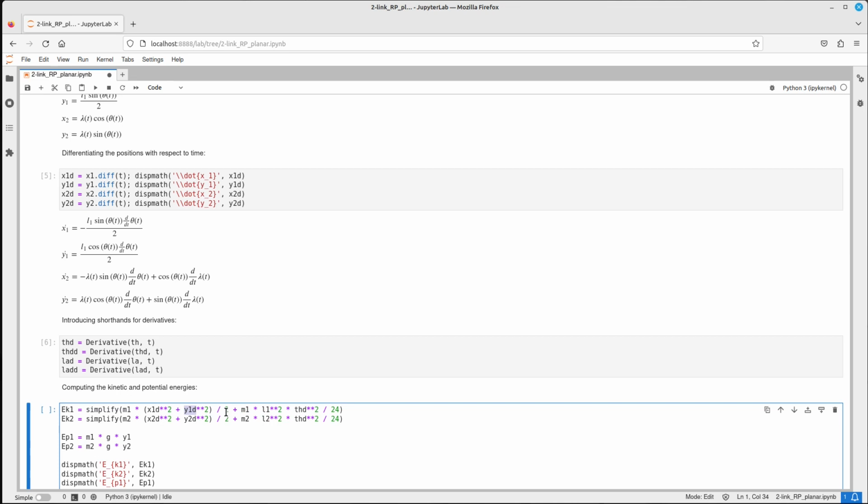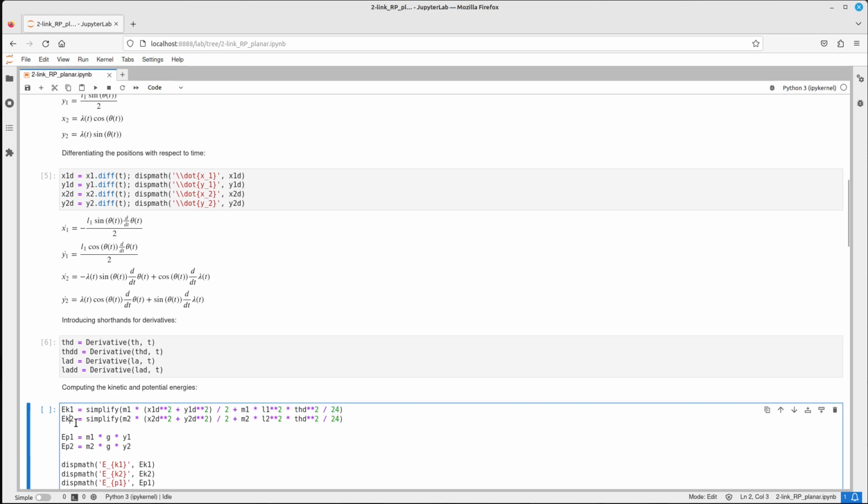Divide everything by 2 because remember we have 1 over 2 in the formula. And then you have the rotational component. So basically we're using the moment of inertia for a slender rod, which in this case is basically m times L squared by 12, but in the end it's by 24 because of the fraction that we have in the formula, which is 1 over 2.